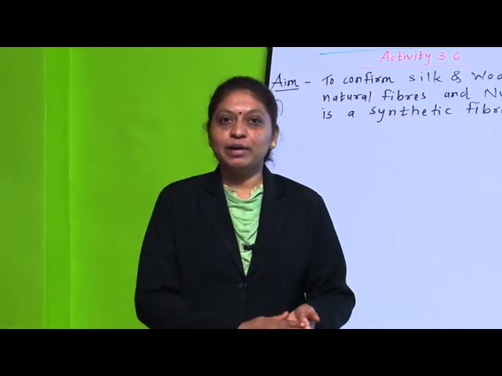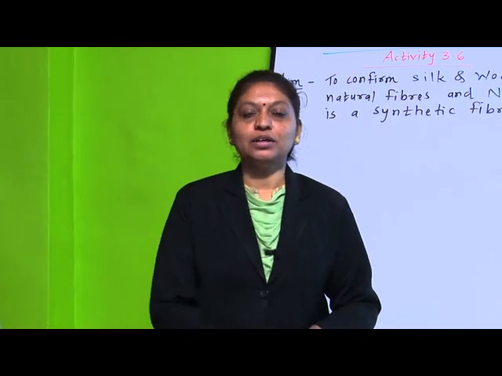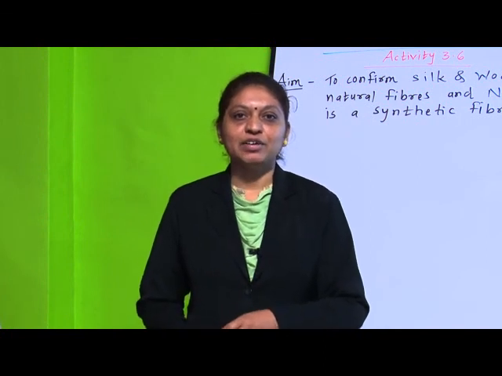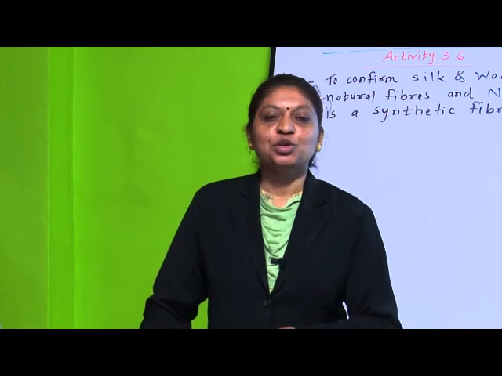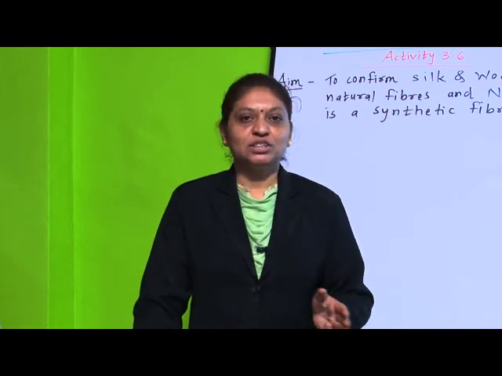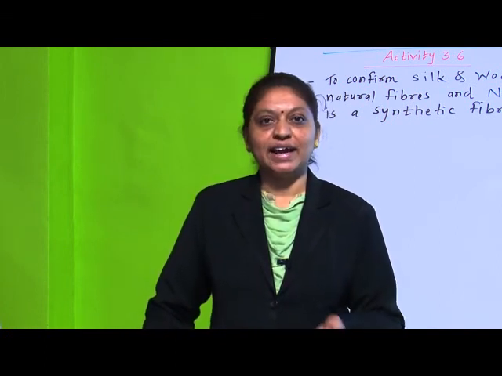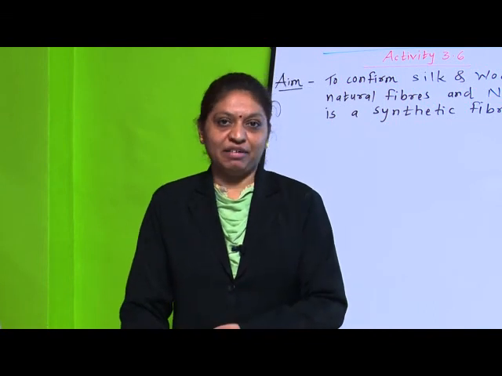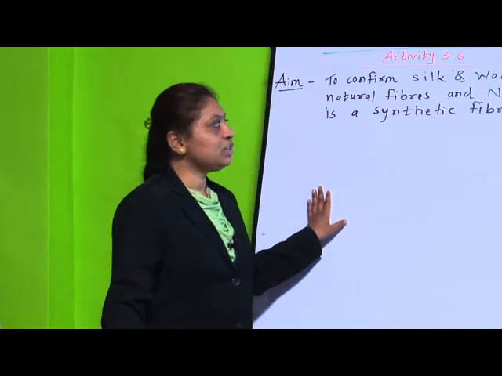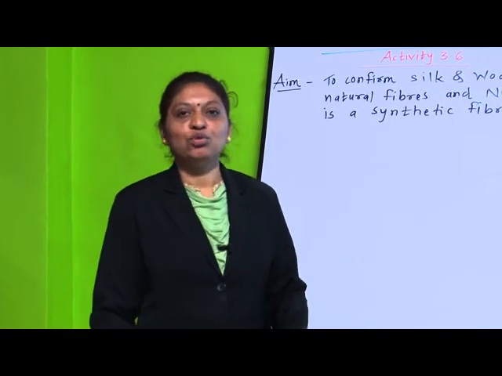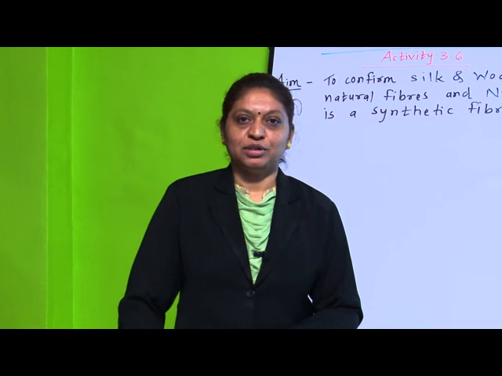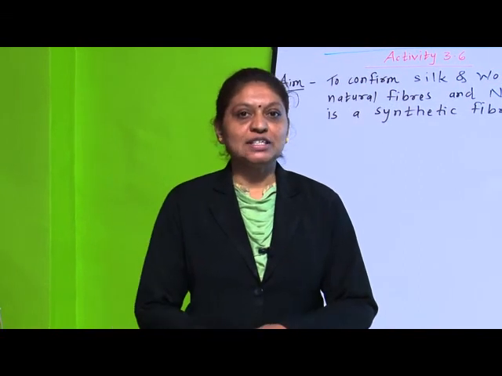Silk fiber and wool fiber have an animal odor, but nylon fiber has a smell like burnt plastic. Why? Because wool and silk are natural fibers, and nylon is a synthetic fiber. So this activity proves that nylon is a synthetic fiber and wool and silk are natural fibers. Hope you understood this activity.